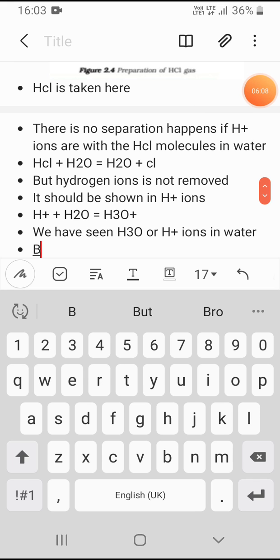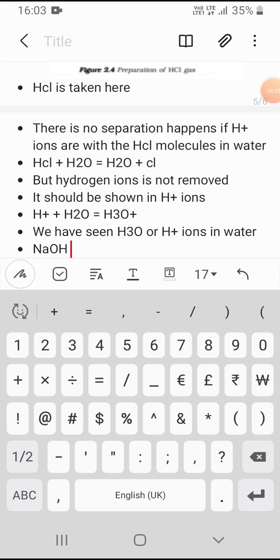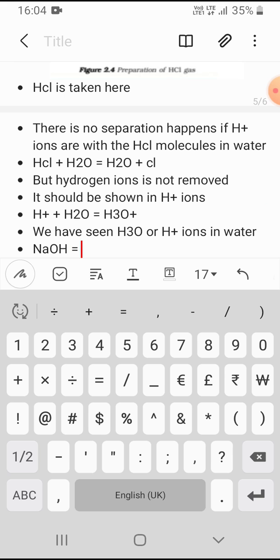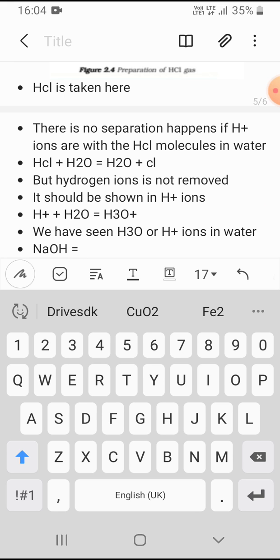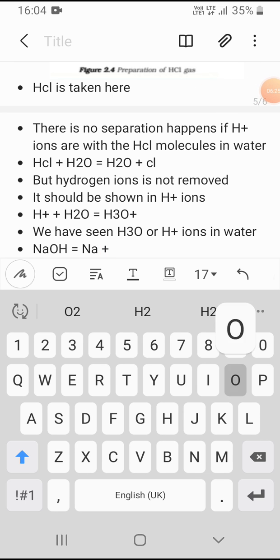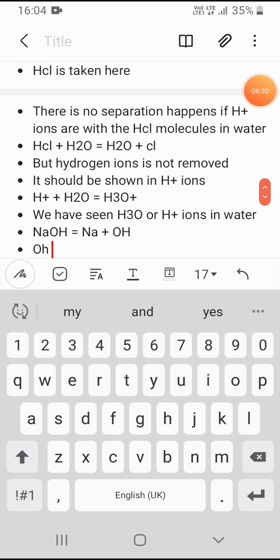So when NaOH reacts with H2O, we get Na plus and OH minus. We get separation of OH. These are the bases.